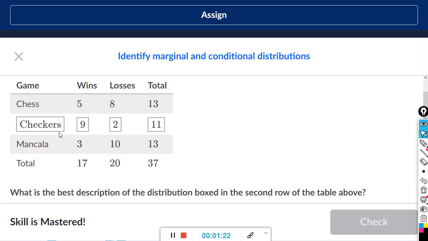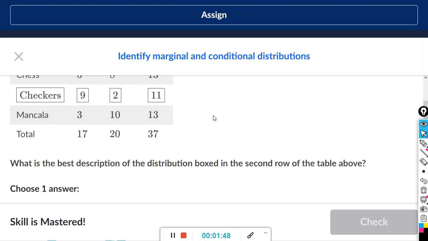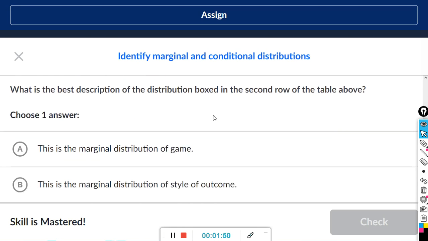Since this row is limited to checkers, before I even look at my answers, I am going to guess it is a conditional distribution, because it's dependent upon one condition, and that's just checkers. So I'm going to say it is the conditional distribution for wins and losses in checkers.